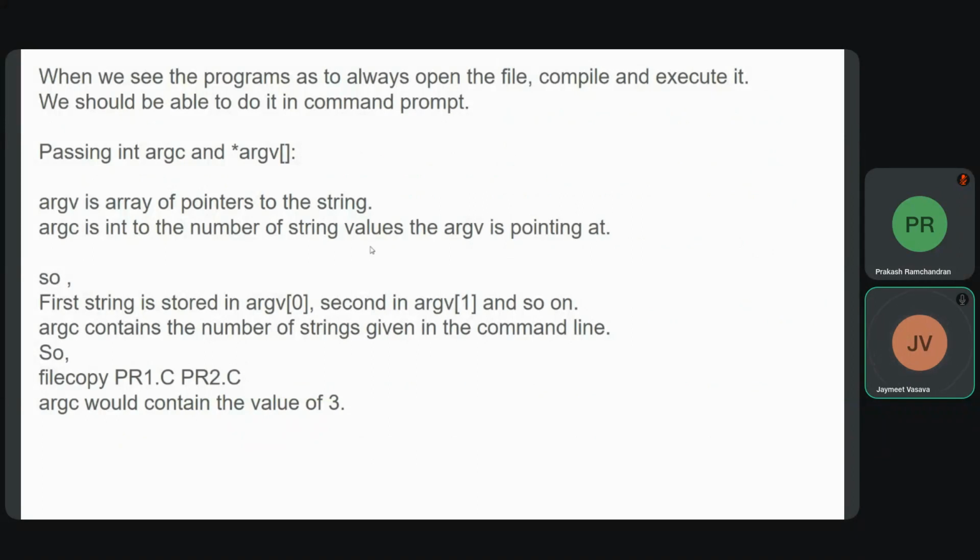The first string is stored in argv[0], and the second string is stored in argv[1], and so on. argc contains the number of strings given in the command line. So if there are three things being passed, which is file copy pr1.c pr2.c, argc would contain the value of 3.